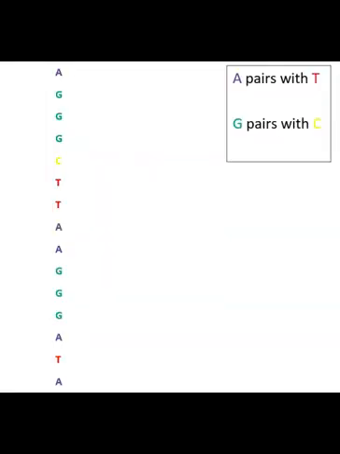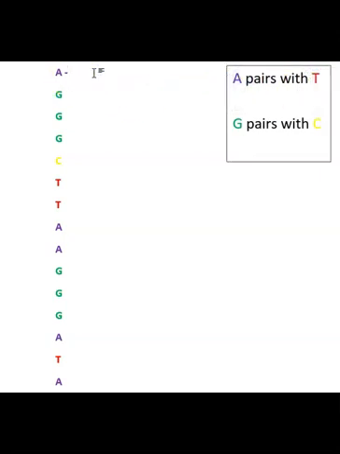Now that we have our entire first half of the base pairs, we're going to need to pair each of these with its corresponding piece. Every time you see an A, you're going to pair it with a T, and vice versa.